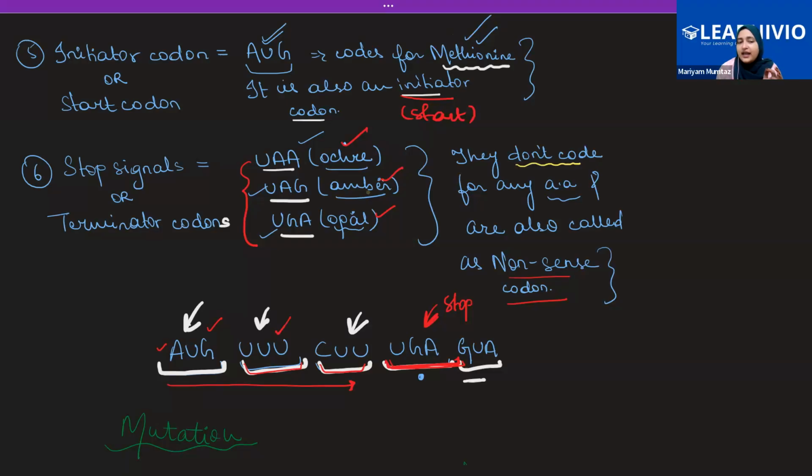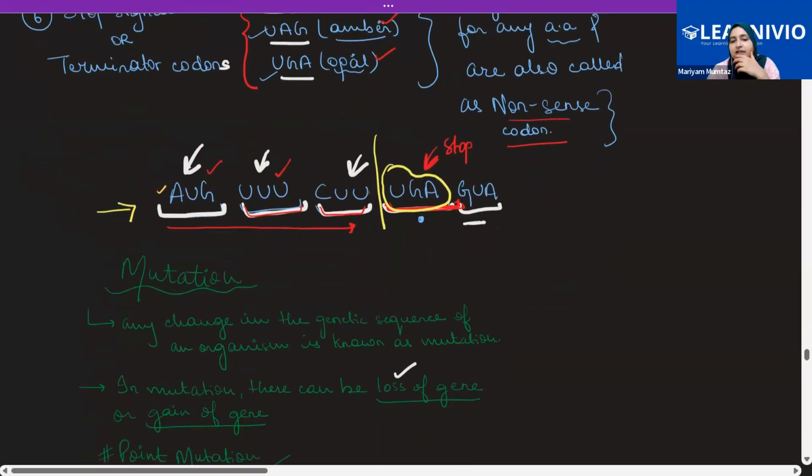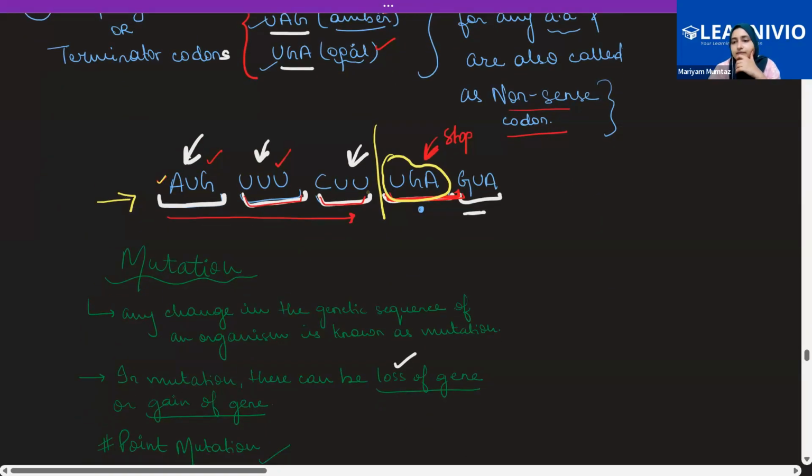For example, AUG will start the process of reading, then UUU will code for phenylalanine, then another amino acid. But as soon as a stop codon comes along, the reading will stop then and there. Is it clear to everyone? Yes, ma'am. All right.